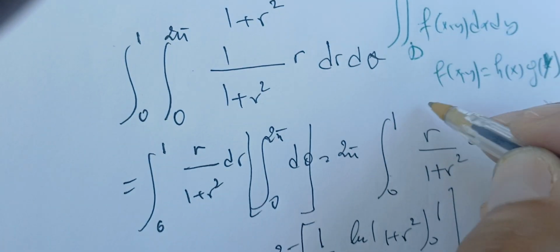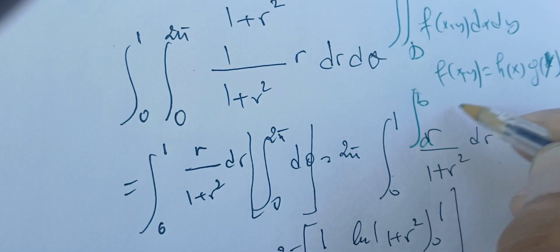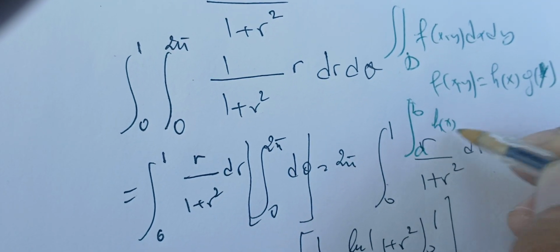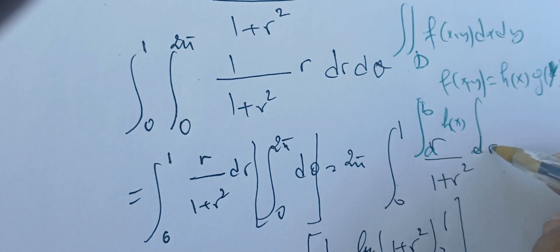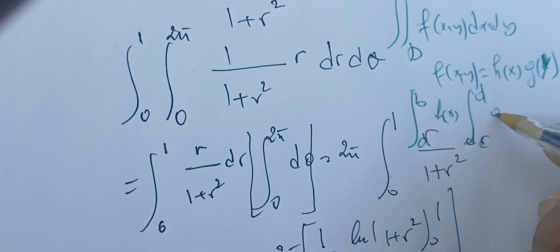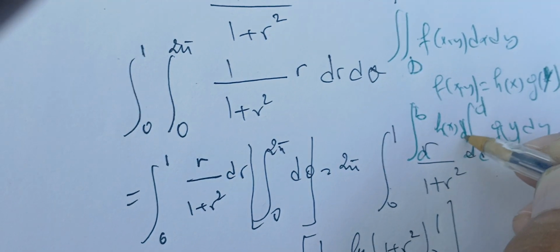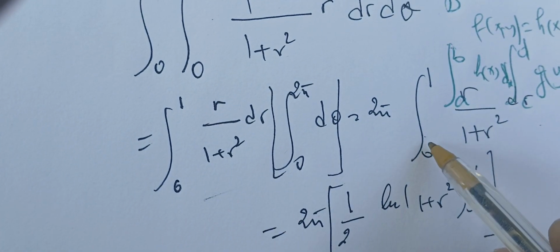If x is changing between a and b and y between c and d, I have the integral between a and b of h of x times the integral between c and d of g of y dy. This is what I have here.